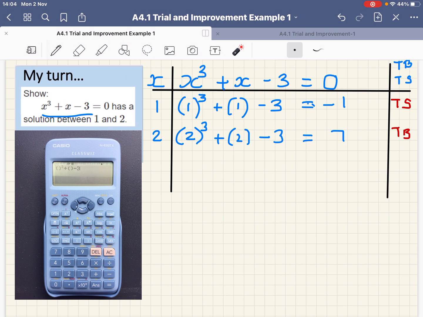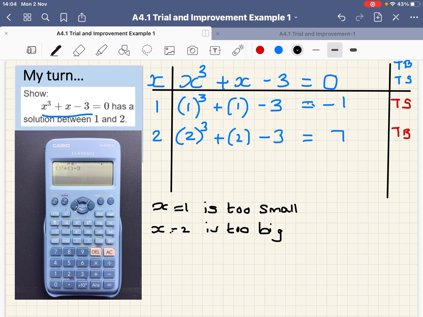Okay, so that means we have a finishing statement that tells us what we found. So we've got x is equal to 1 is too small. We've got x is equal to 2 is too big.